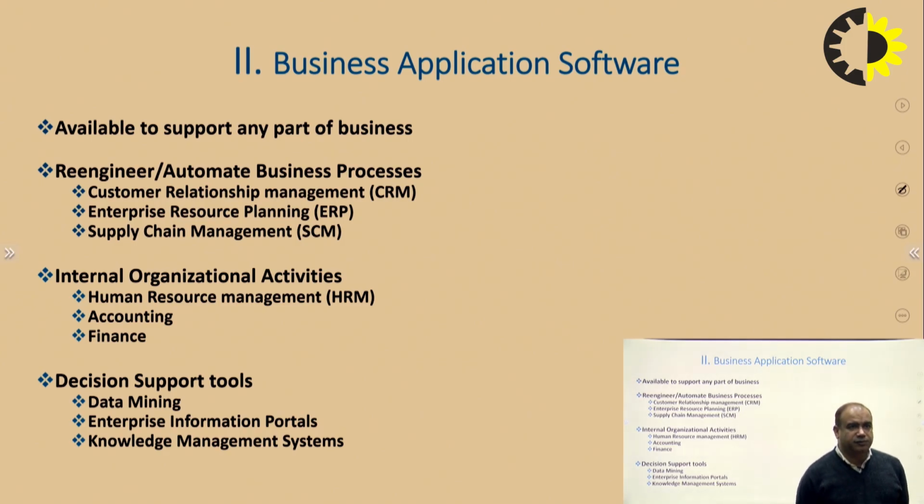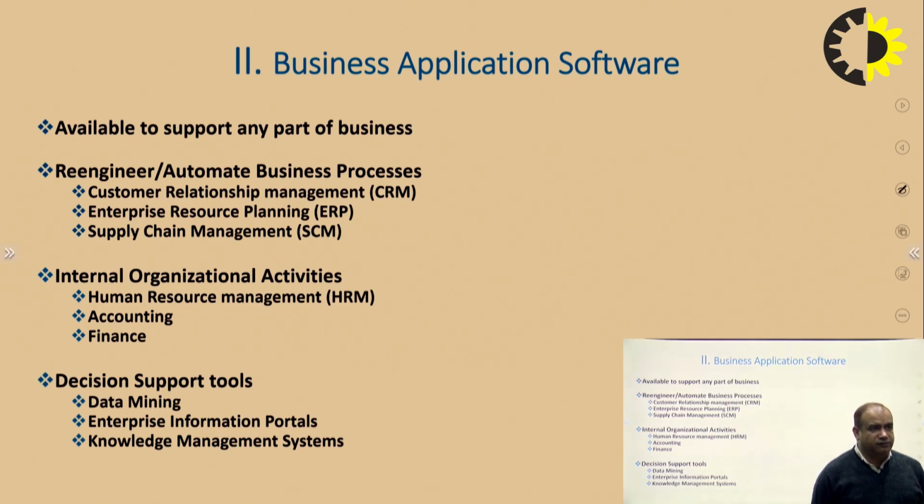If I talk about business application software, first, it is available to support any part of the business, to re-engineer or automate business processes like CRM, customer relationship management software, enterprise resource planning, and supply chain management.